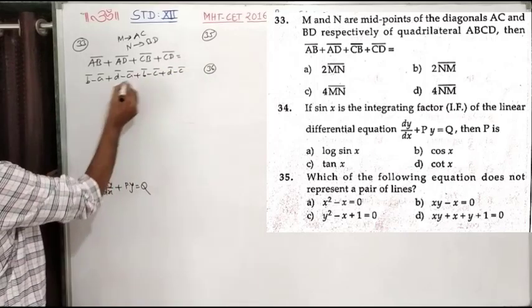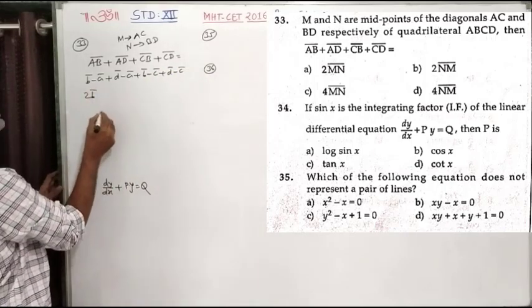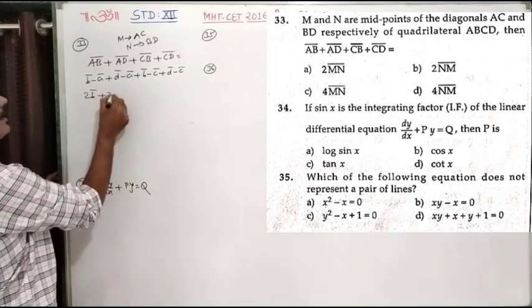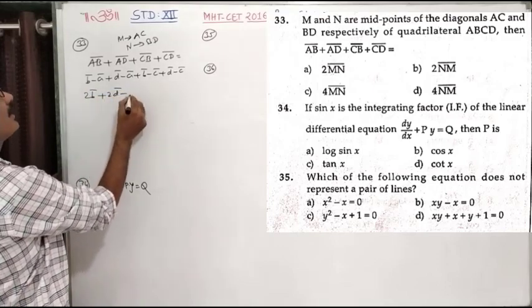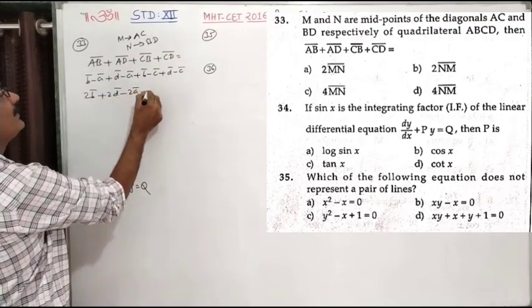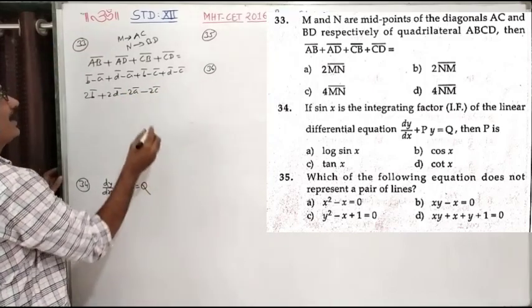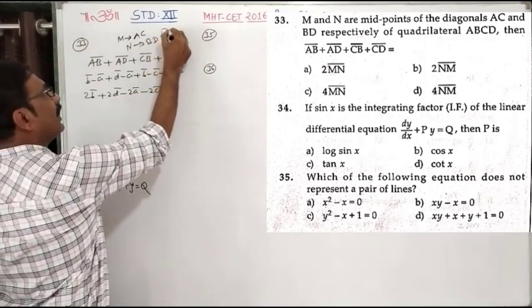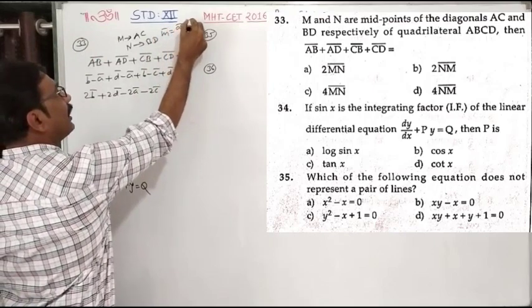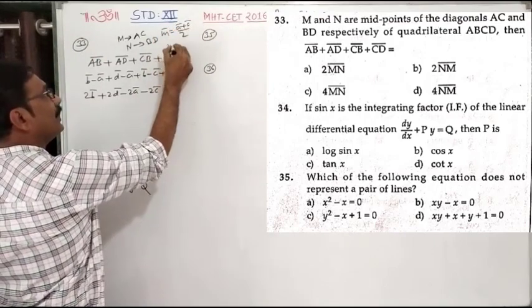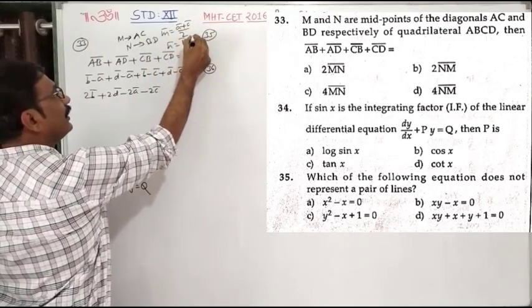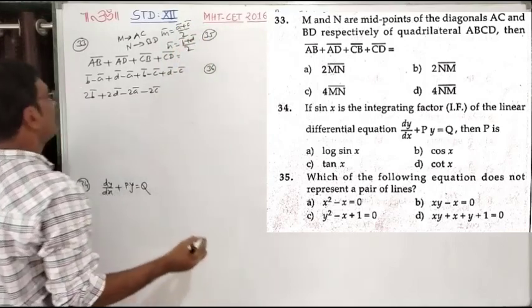Okay? So it is 2 B bar, 2 D bar, 2 A bar, 2 C bar. As M is a midpoint, so what is your M bar? A bar plus C bar upon 2. N is a midpoint. It is B bar plus D bar upon 2.